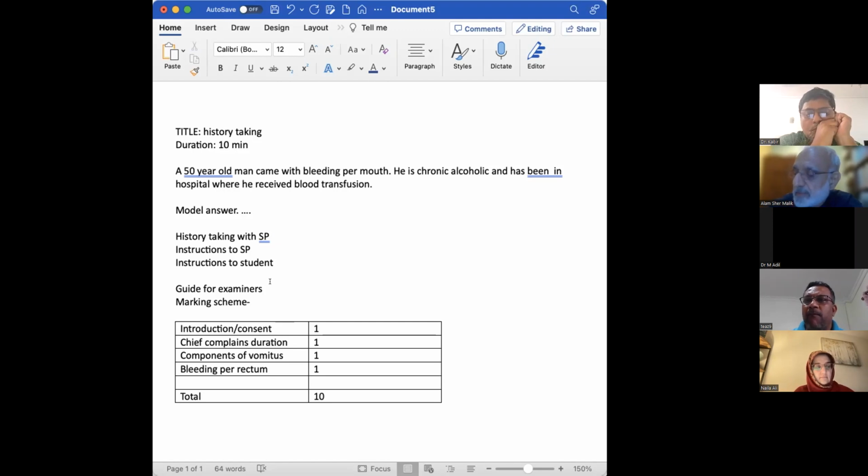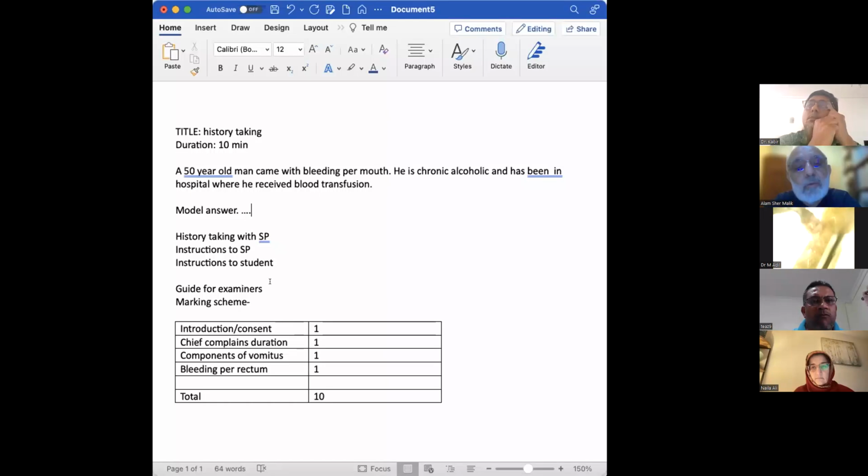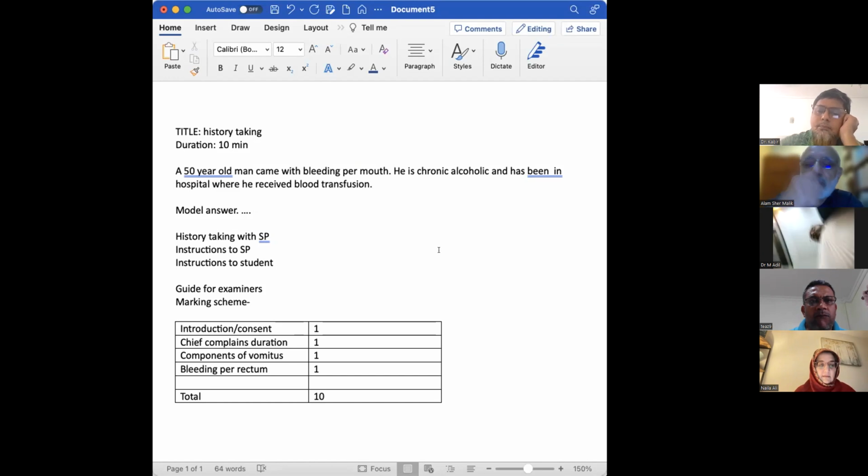So the questions should be around the differential diagnosis of bleeding per mouth. The questions should be very specific, very well directed, very focused. Once you have the questions, then you can have the marking scheme.